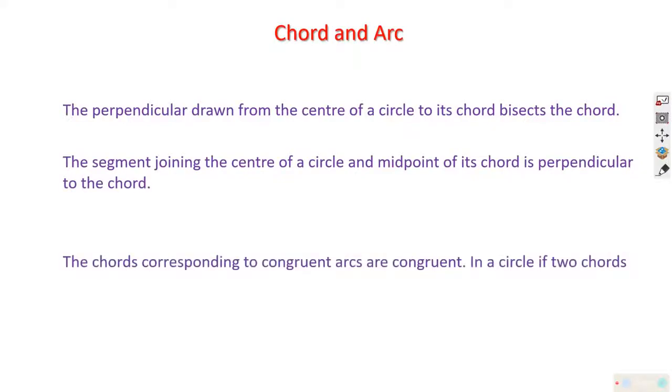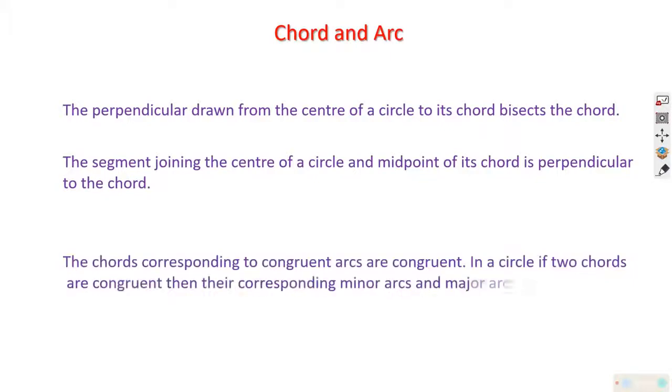The chords corresponding to congruent arcs are congruent. In a circle, if two chords are congruent, then their corresponding arcs are congruent. When chords are congruent, the arcs will also be congruent, whether minor or major. If chords are congruent, the corresponding arcs will always be congruent.